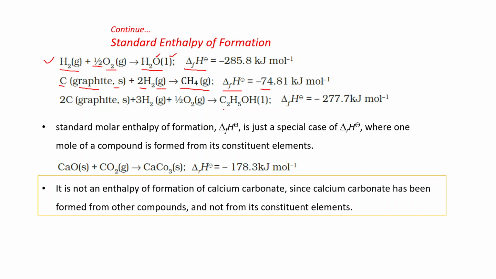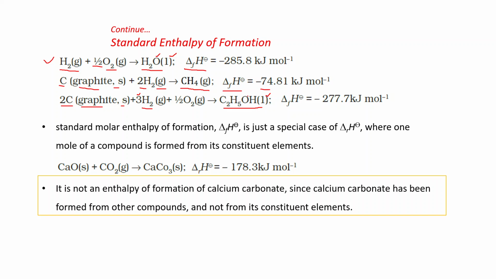In the same way, this is the standard enthalpy of formation of ethanol, ethyl alcohol, C2H5OH. This exists in the liquid form. Now, what are its constituent elements? Carbon, hydrogen, and oxygen. That's why two atoms of carbon, 2C, and its reference state is graphite in solid state. For hydrogen, this is H2, and in C2H5OH, 6 atoms of hydrogen are there, that's why we will take 3H2.